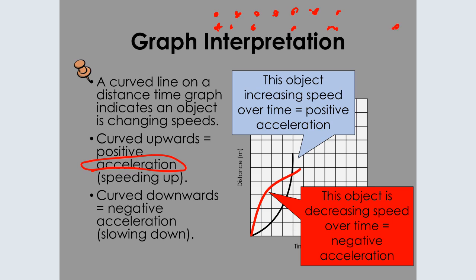And when we graph that, that's how we get this curved line. A curve downward is negative, so the black line is a negative acceleration or slowing down. A line curved upward is speeding up. So think about it, your car leaving a stop sign, speeding up.